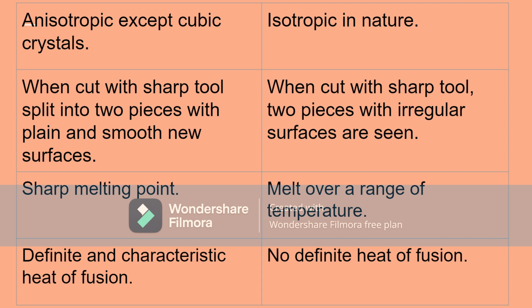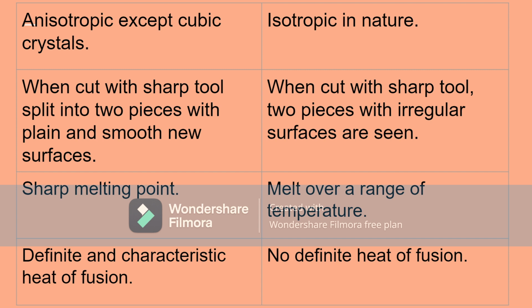Melting point: crystalline solids have a sharp melting point. That is, you give a particular temperature, and they start melting at that particular temperature. But amorphous solids will not melt at a particular temperature. They will melt over a range of temperature.